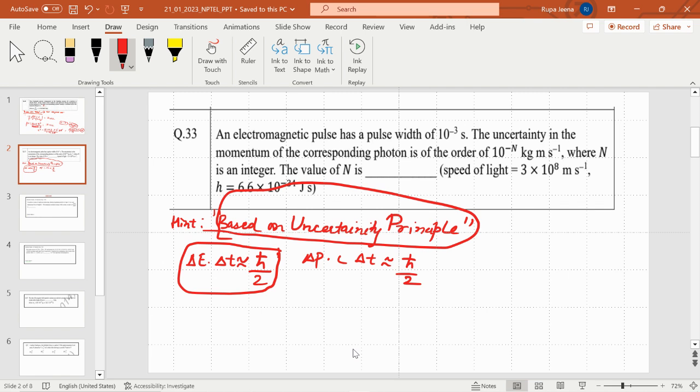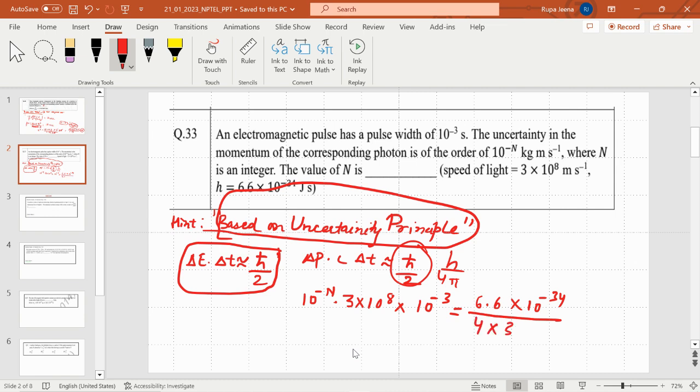Now put the value of delta P. Delta P is 10 raised to the power 9 into 3 into 10 raised to the power 8, delta T is equals to, you can write it as h upon 4 pi also. 6.6 into 10 raised to the power minus 34 upon 4 into 3.14. Solve this.